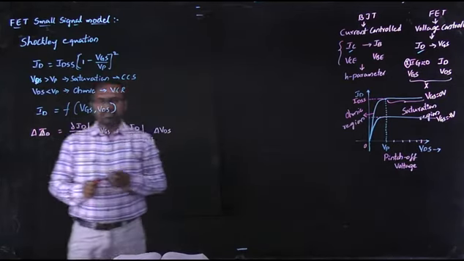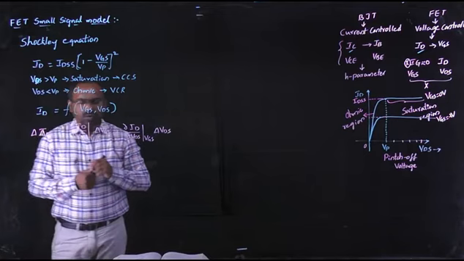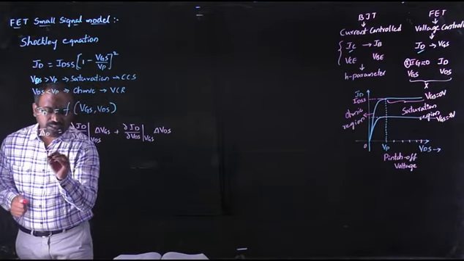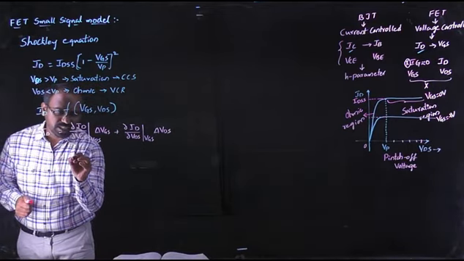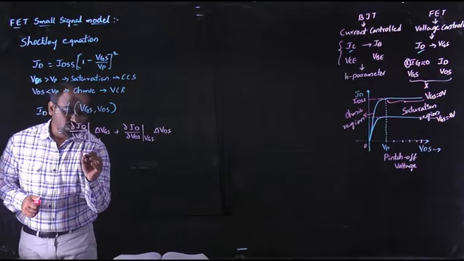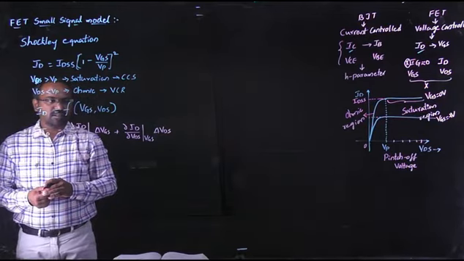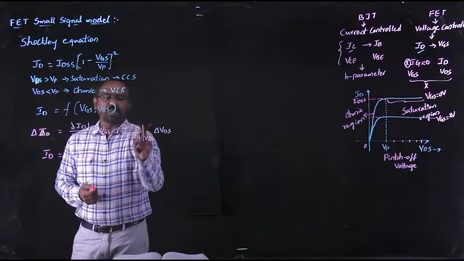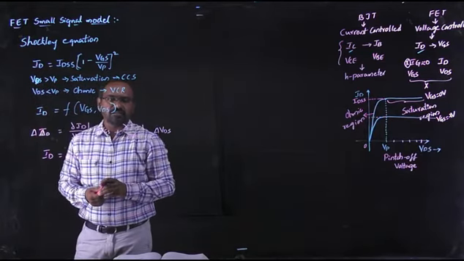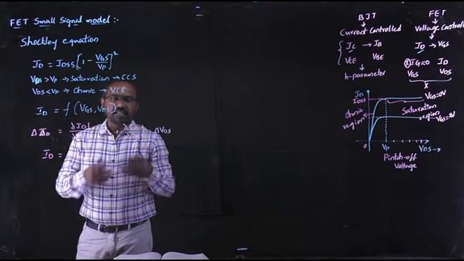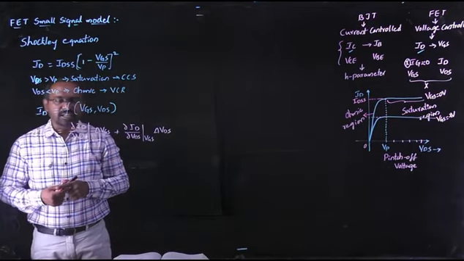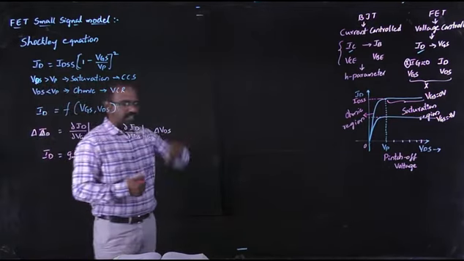So overall we will write ID is equal to gm into VGS plus. The ratio of output current to output voltage is the inverse of the drain resistance, which we have defined in the characteristics.